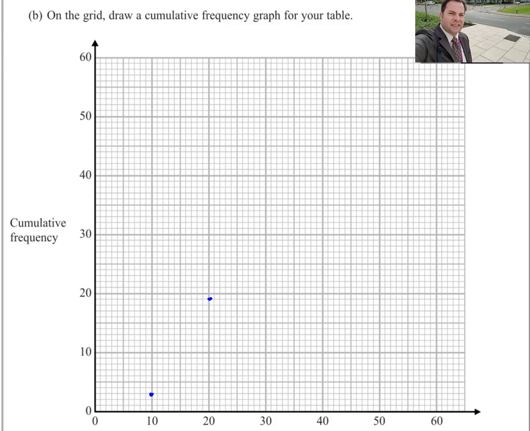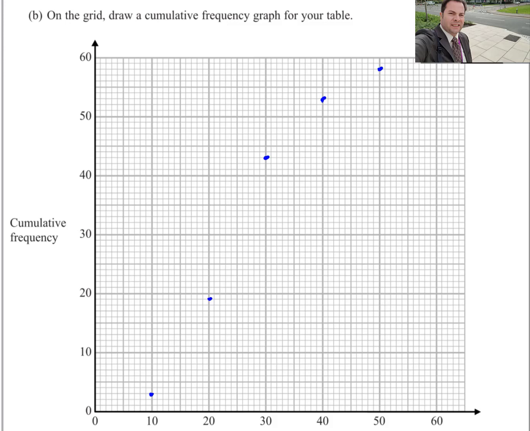The third point, 30 and 43. Then 40 and 53. Then 58. Then 60.